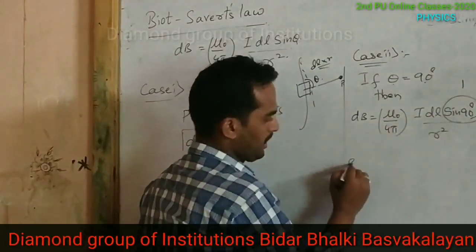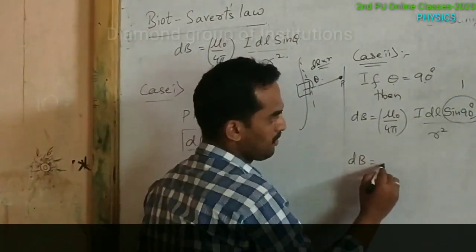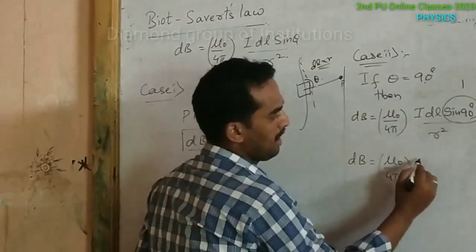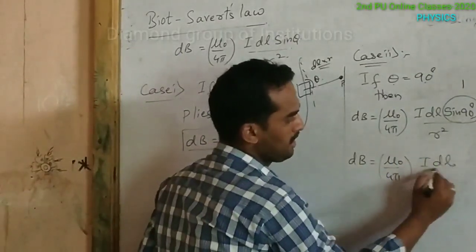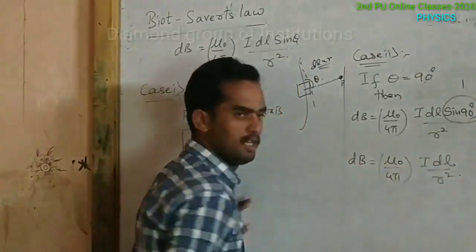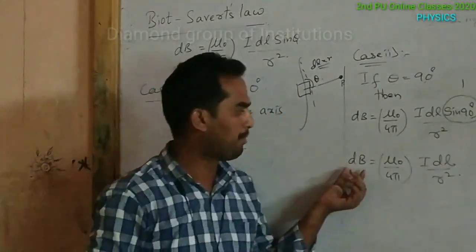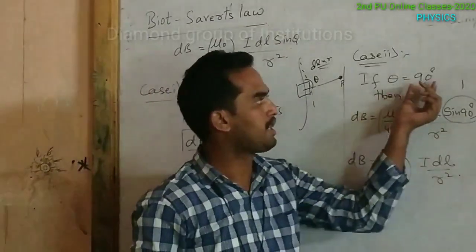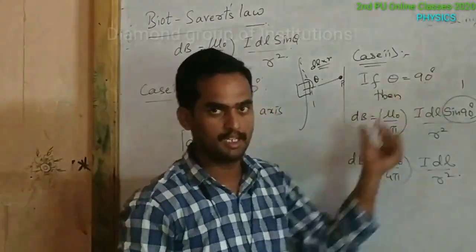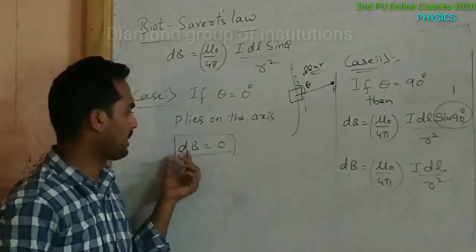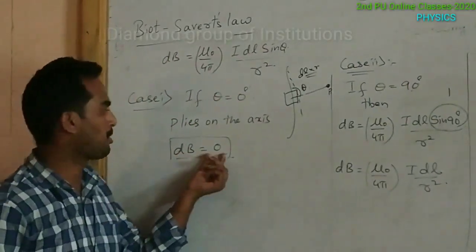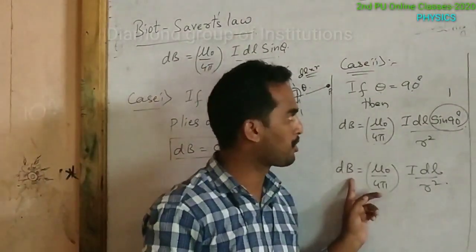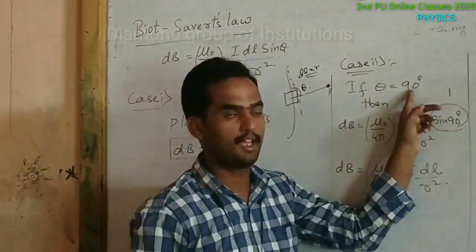So we can say that dB equal to mu naught by 4 pi into I dl divided by r square. So maximum magnetic field is going to be produced when it is at an angle of 90 degree. Minimum magnetic field is going to be produced at an angle 0. Maximum magnetic field is produced when it is at an angle 90 degree.